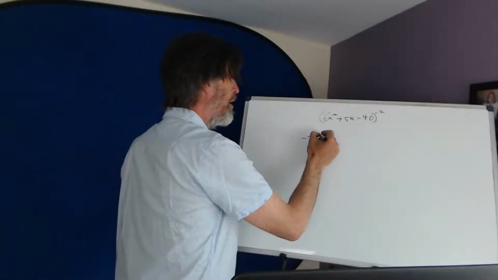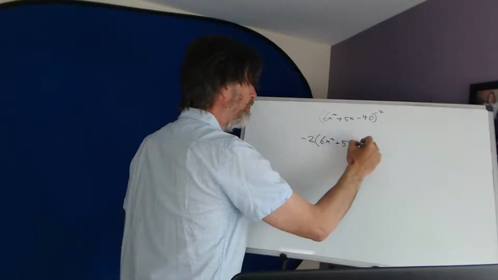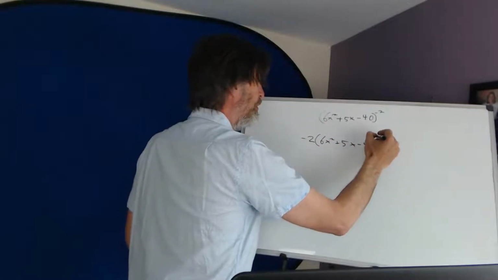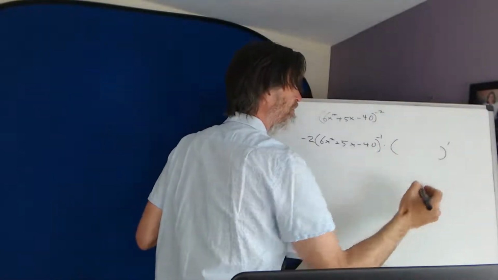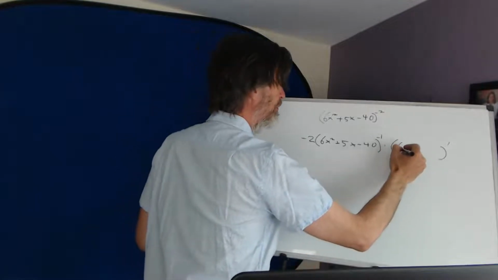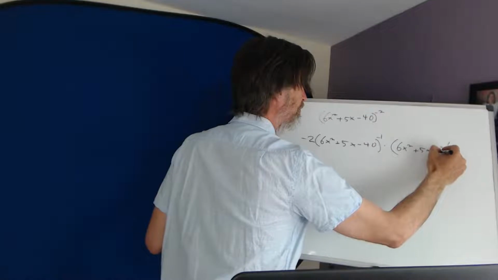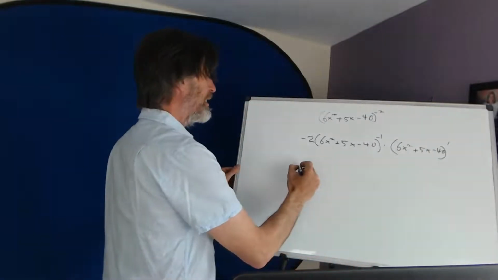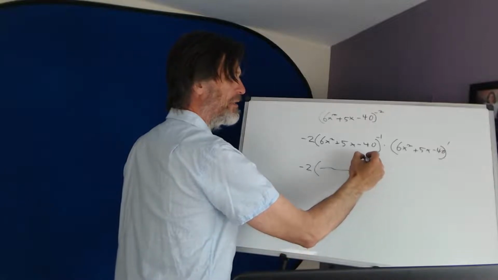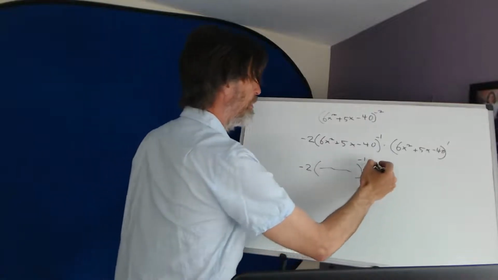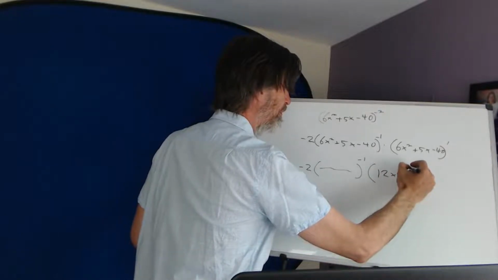So I'm going to bring the power down, keep the base exactly as it was before, reduce the power by 1, and then multiply by the derivative of that base function, the derivative of 6x squared plus 5x minus 40. So let's do that step next. Negative 2, keep that thing exactly as it was, to the minus 1. And then multiply that by 12x plus 5.